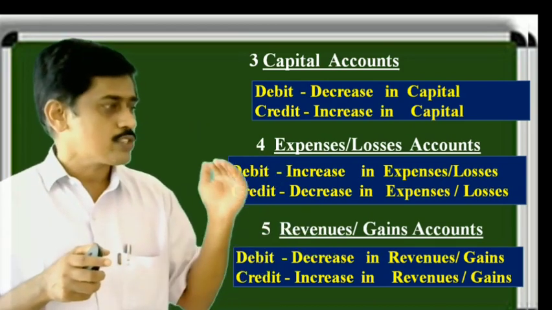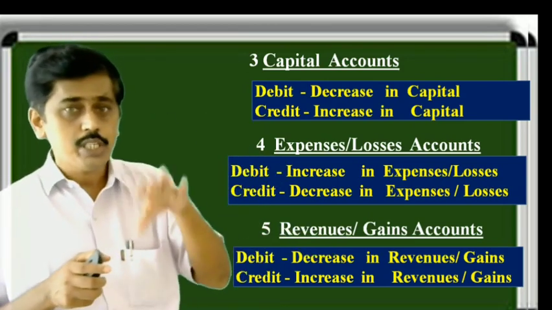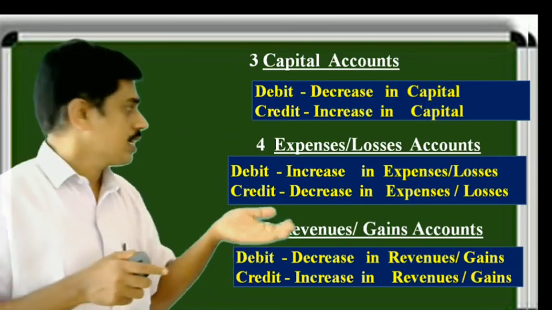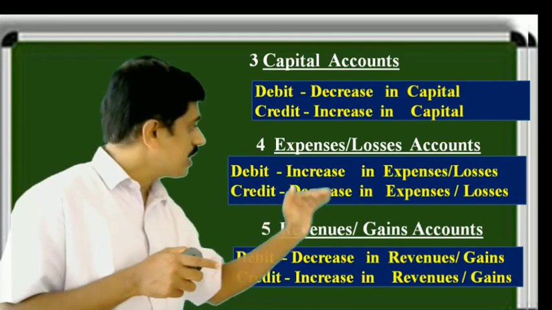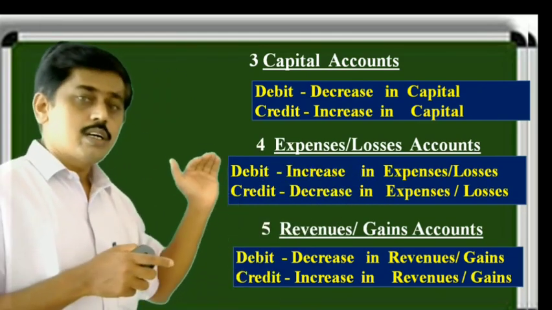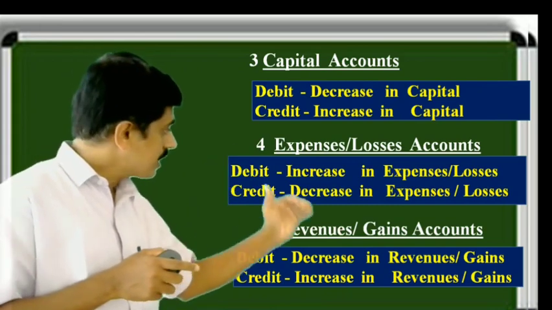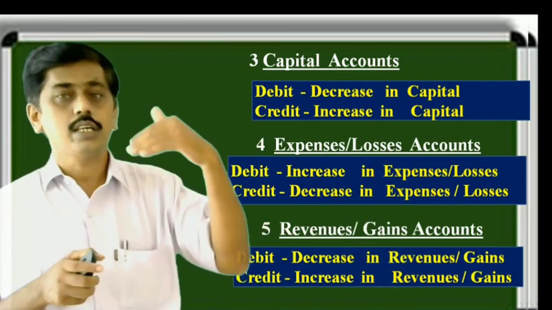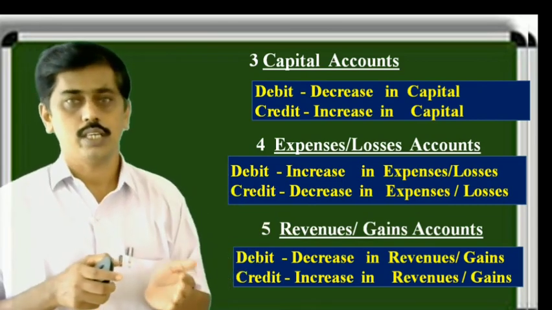For expenses and losses, debit increase in expenses or losses, credit decrease in expenses or losses. For revenues, debit decrease in revenues or gains and credit increase in revenues or gains.